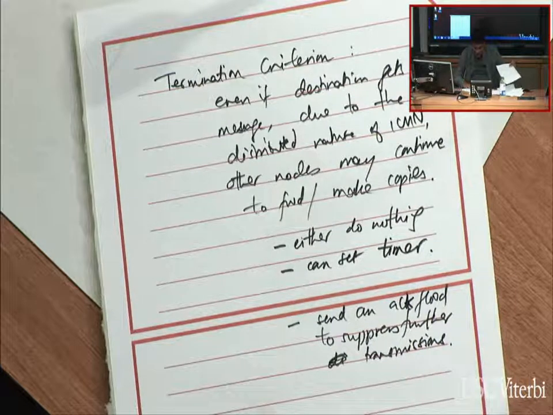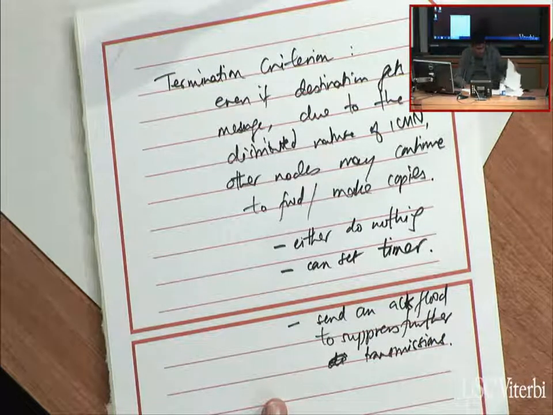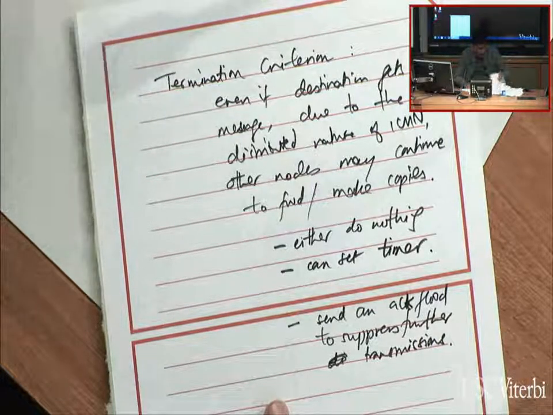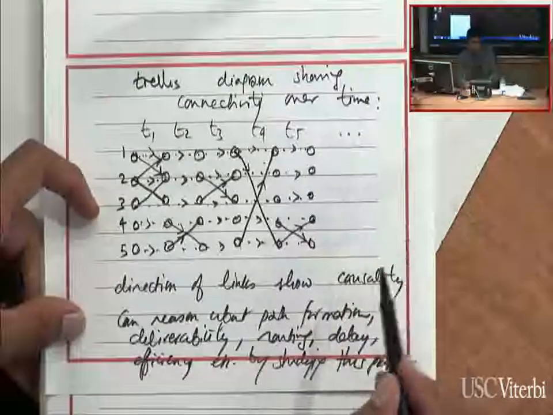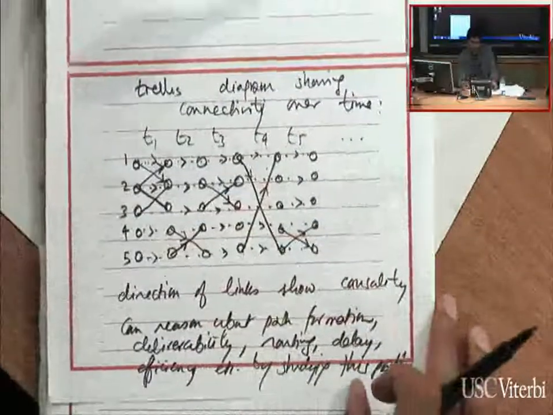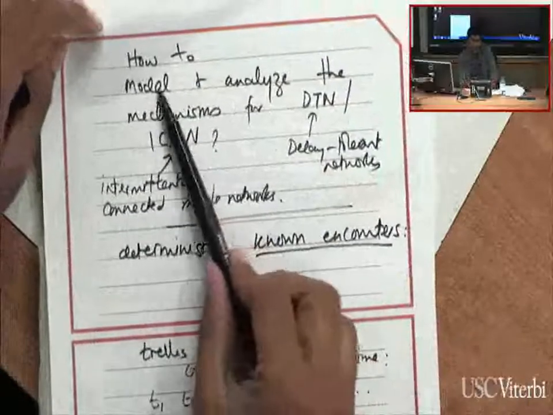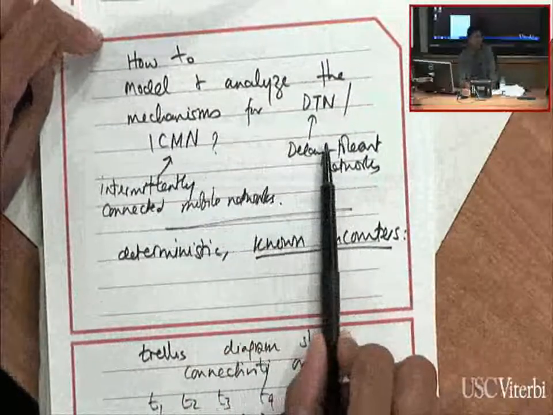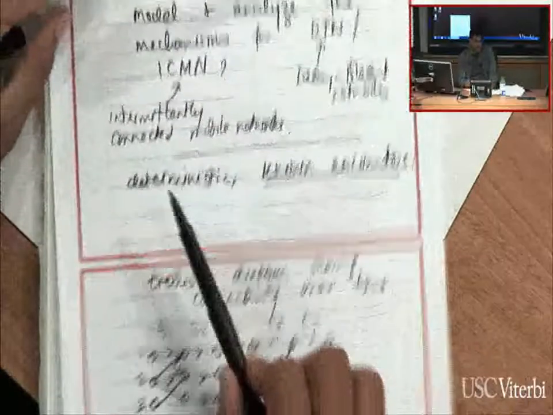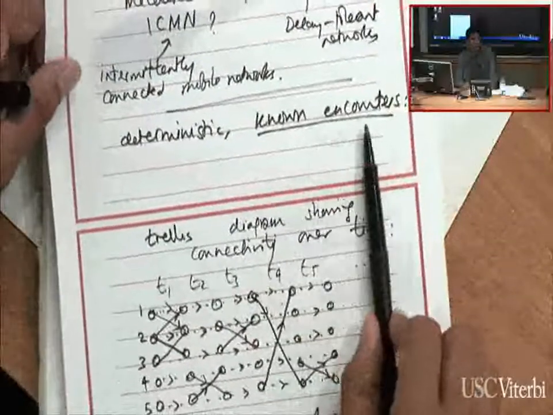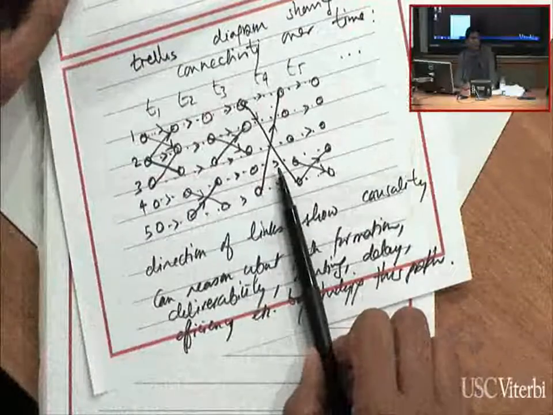Sorry, this is a little bit of a digression to catch back on a point I missed earlier, but my first discussion here of the Trellis diagram was to address the question of how do you model and analyze DTN mechanisms. It's saying that if I knew what the encounters were and when they happened, then I can draw this diagram, right?